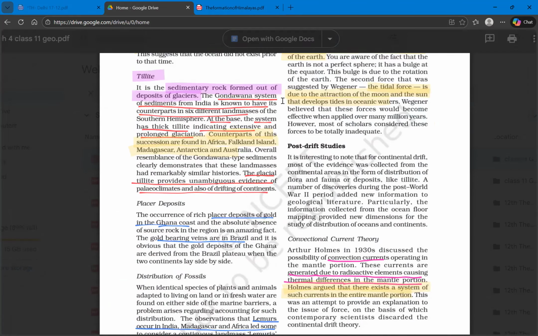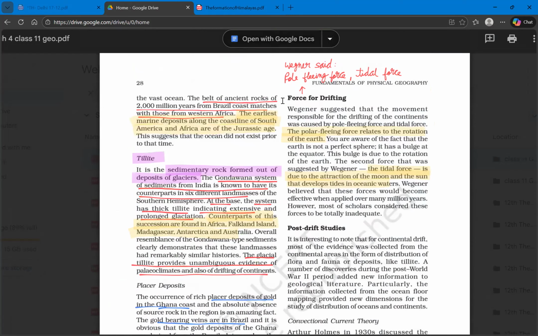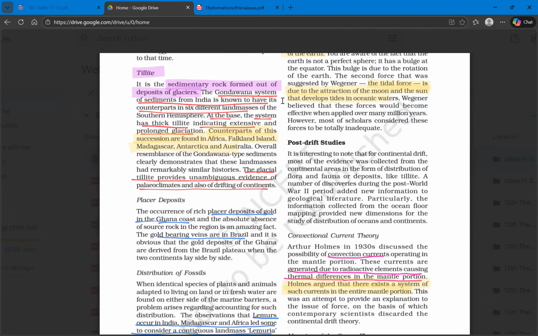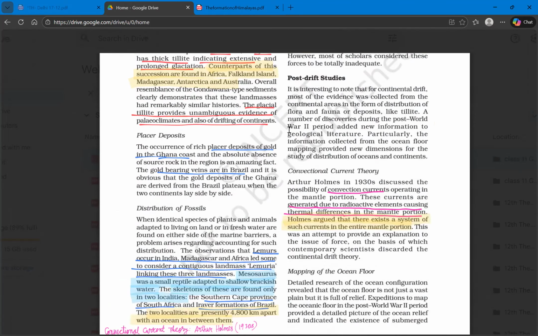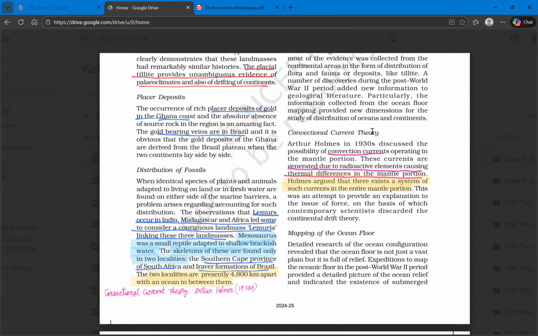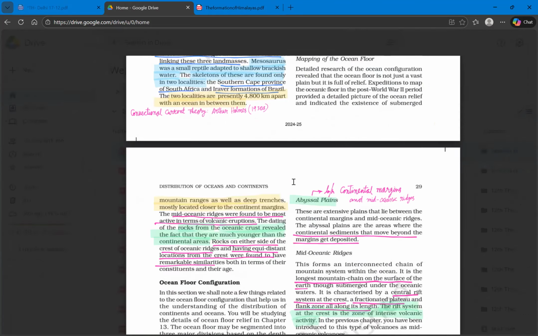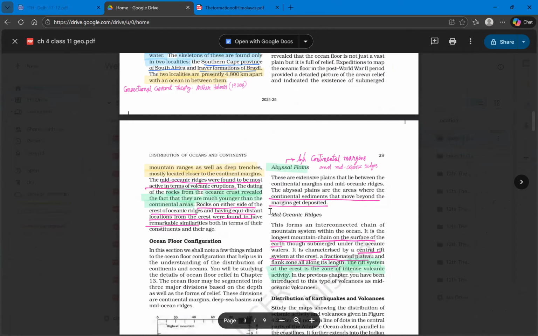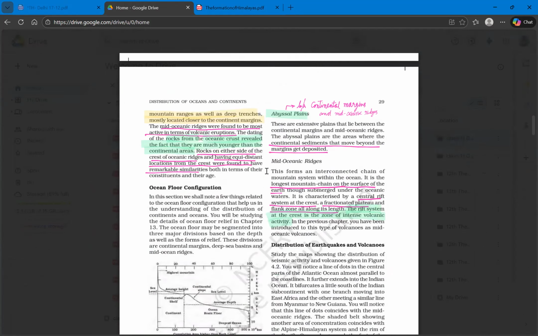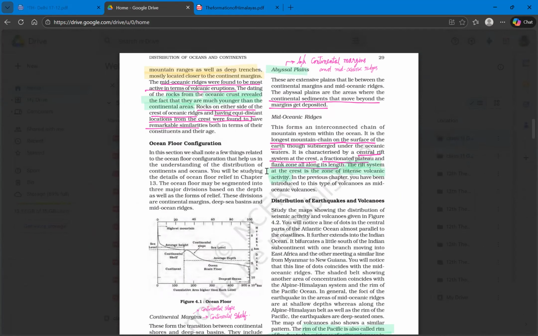And then we learned what the forces are that drive the drift of continents. We learned briefly about the convectional current theory and the mapping of the ocean floor configuration and how it helped to understand the movement of continents.